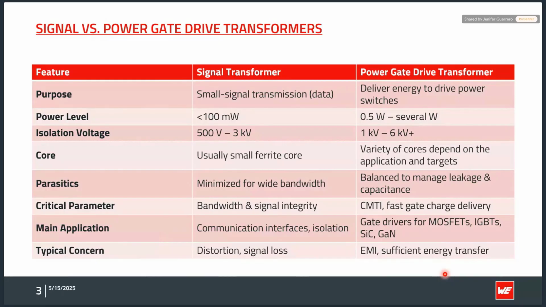In a signal transformer, we're focusing more on distortion and signal losses. For the power gate drive transformer, we are focusing on the shift to fast, clean transitions, having low EMI, and making sure that this transformer can deliver enough gate charge consistently and safely.